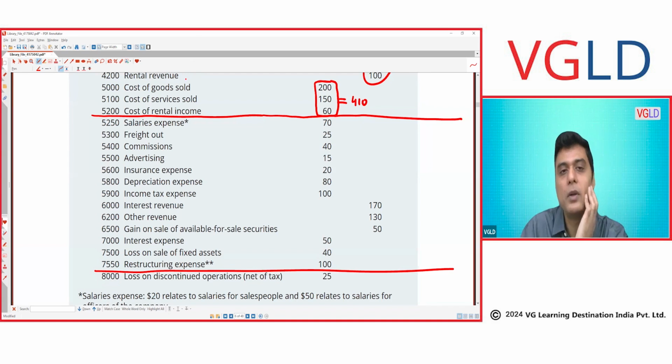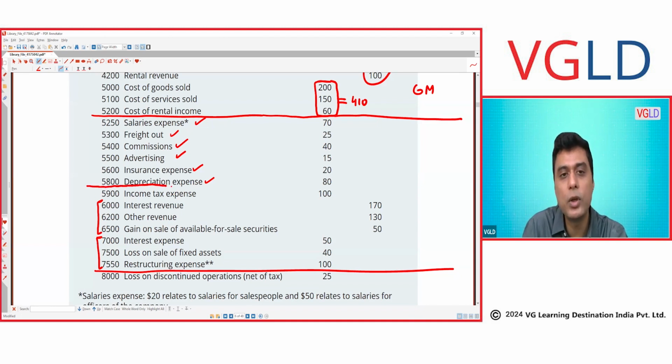But from the gross margin part, 650 minus 410, you will reduce the salary, the freight out, commission, advertising, insurance, depreciation. Income tax expense, of course, will come much later. Interest, other revenue, gain are non-operating items. Interest loss, restructuring are non-operating items, right? And income tax is absolutely at the end.